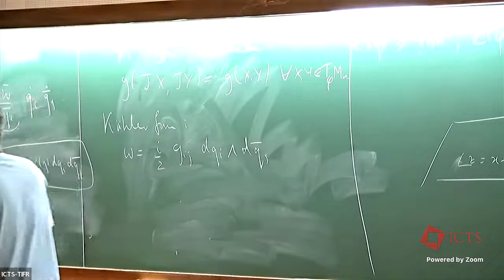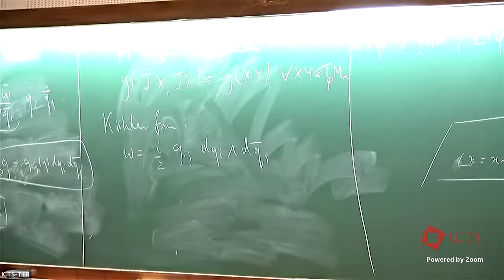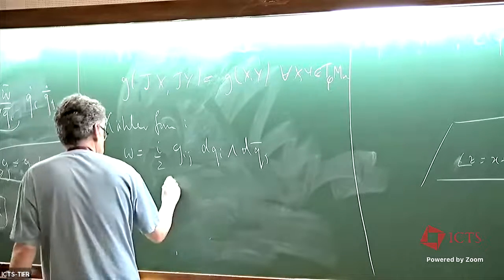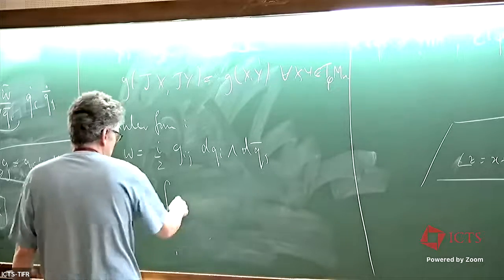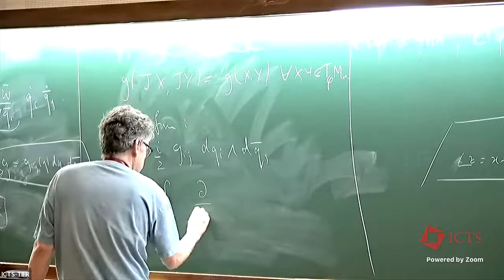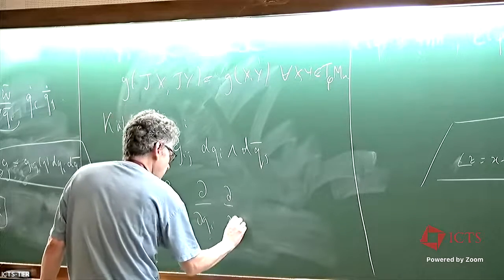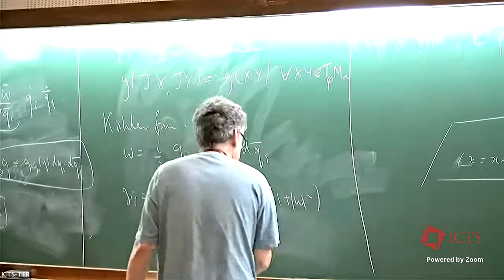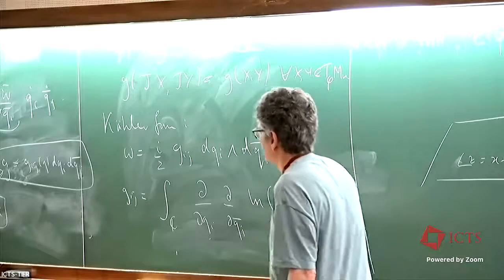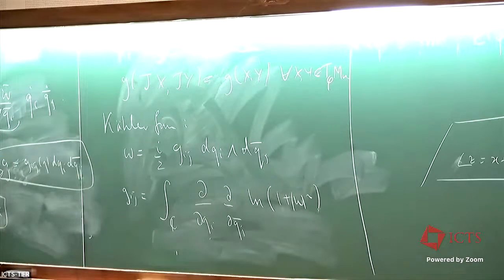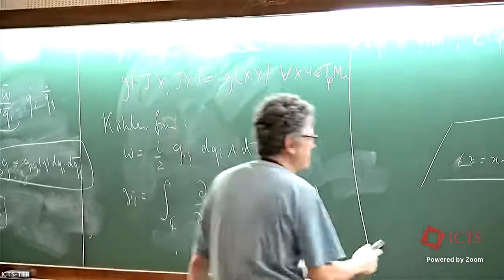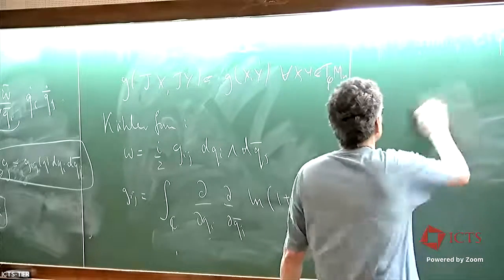Well, a nice way of writing down these coefficients is the following. You can always think of it as being the integral over the plane of d by dqi, d by dqj bar of the logarithm of 1 plus norm of w squared. Okay, so if you just compute this and compare it with this expression here, you'll see you get the same thing, modulo possible factors of 4, which I always forget about.